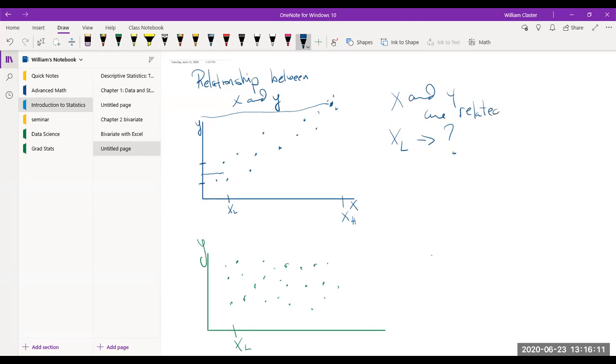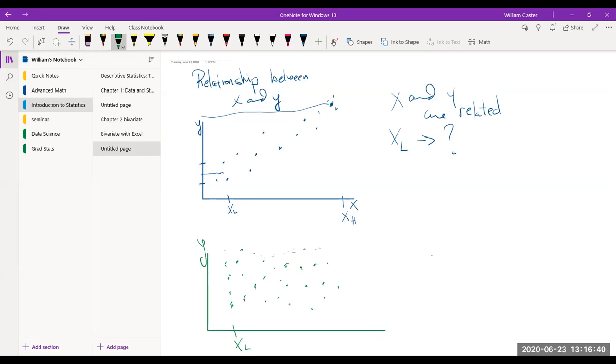Okay, so for this data, I would say X and Y are related, because if I know X, I have some idea of what Y is. I have some information about the value of Y. So that's what I mean by related. As compared to this data here, if I know X is low, Y could be here, could be here, could be here, could be here.